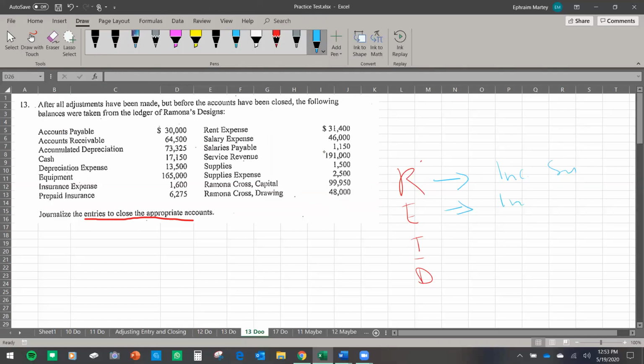Expenses, you close to income summary. And you close income summary, or your net income, into capital. And then you close your drawing also into capital. So remember, REID.